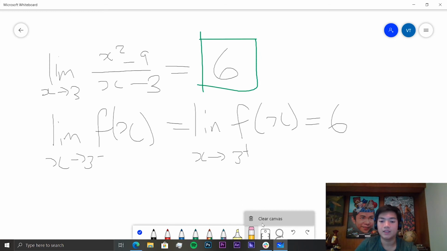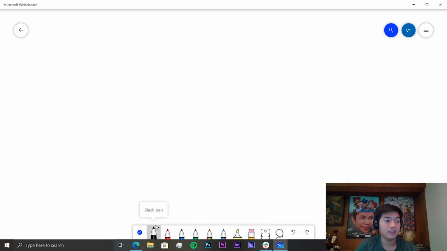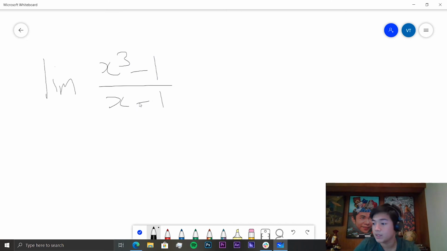Okay. Now on to the next question. The next question is asking us to evaluate the limit of x cubed minus 1 over x minus 1 as x approaches 1. Again, we have to use a limit to evaluate this because this function has no value, it's undefined, when x actually equals 1.